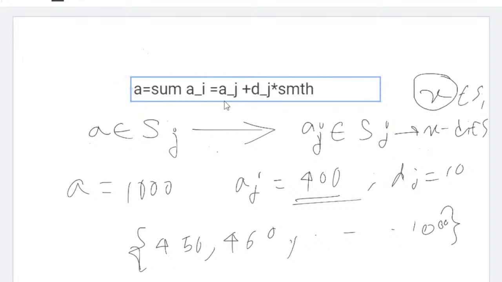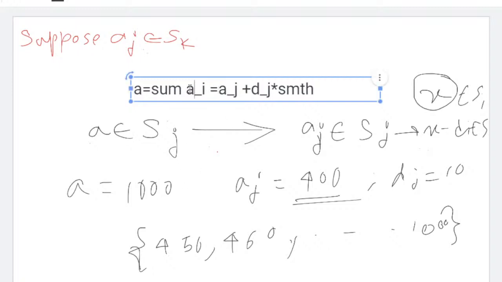Suppose AJ belongs to SK. Then... okay, my approach probably doesn't work. Yeah, this probably doesn't hold.